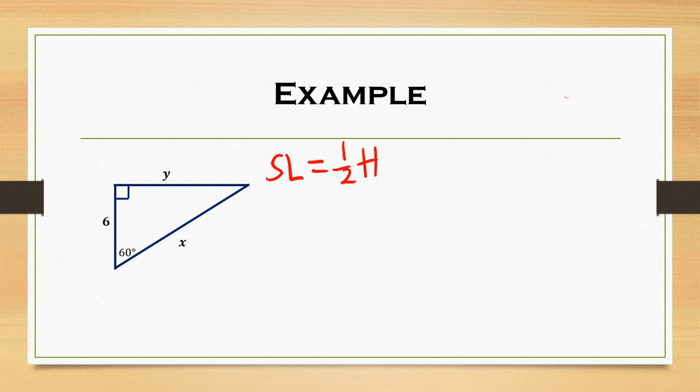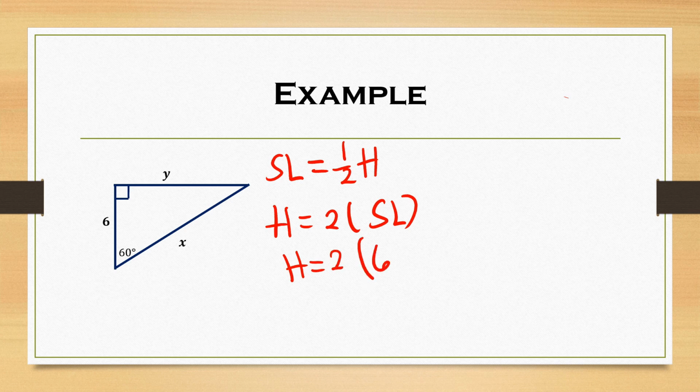So, meaning, para naman makuha ngayon yung ating hypotenuse, dodoblehin natin ang shorter leg. So, hypotenuse is equal to 2 times shorter leg. Okay? So, hypotenuse is equal to 2 times ang ating shorter leg na 6. So, 2 times 6, ang ating hypotenuse ngayon ay equal kay 12. Okay? So, ito yung ating sagot.